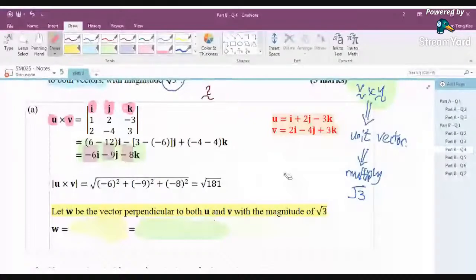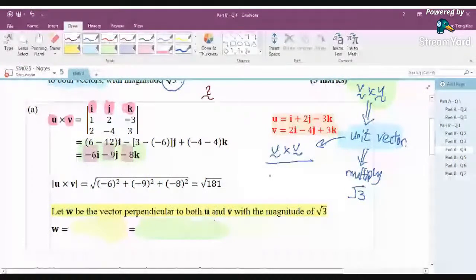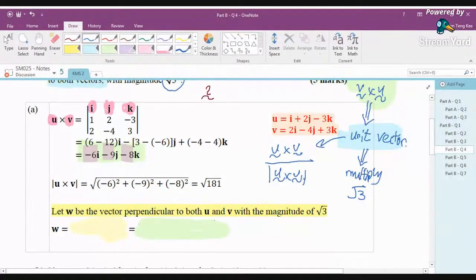Then, for the unit vector, by right, I consider vector U cross V divided by the norm of U cross V. But I don't show this calculation here yet, where I'm just going to do these two in one on the next line.